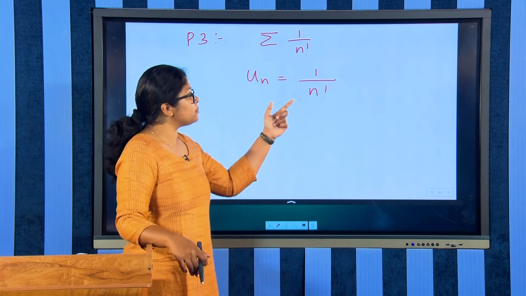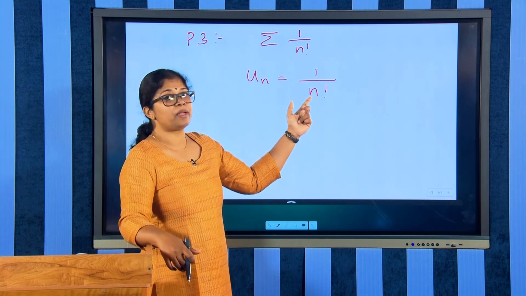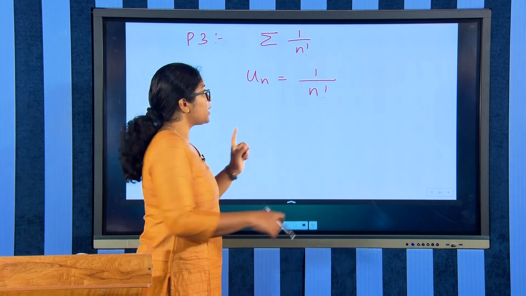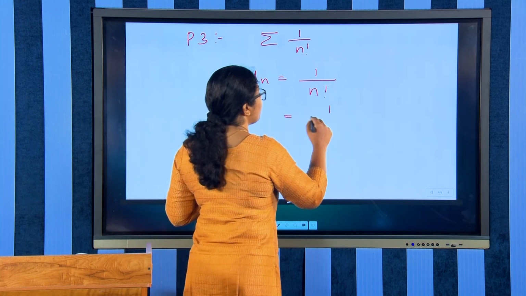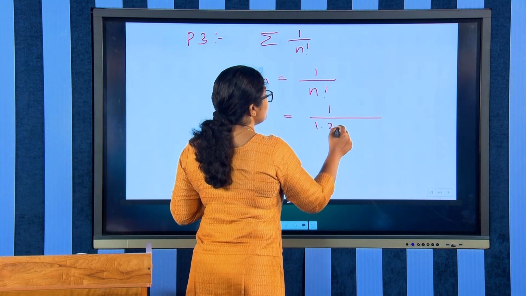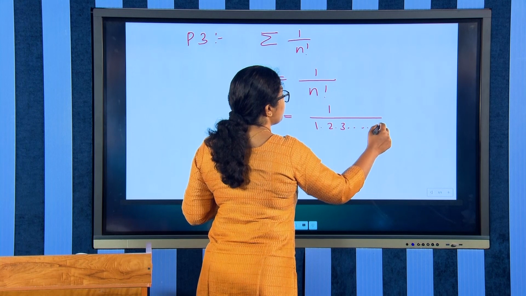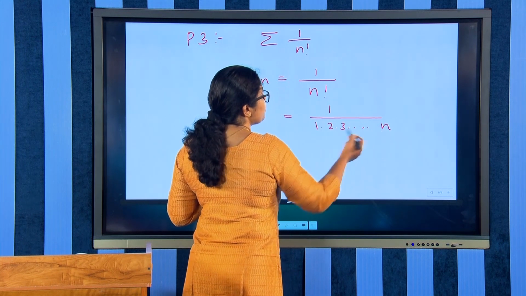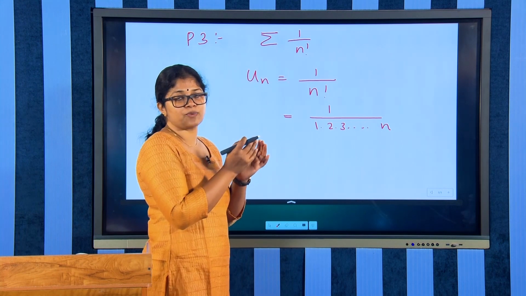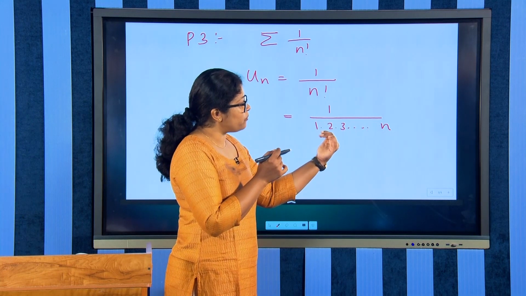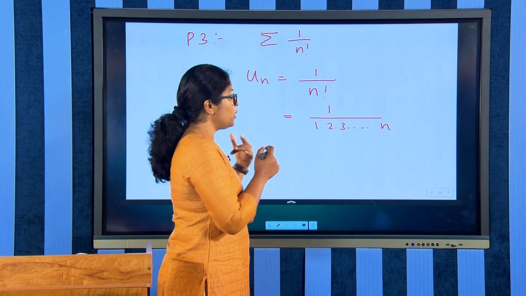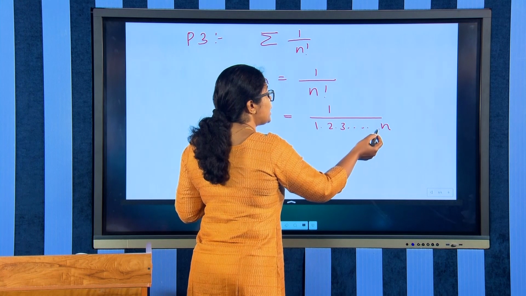So, is that possible in this case, because how many n's will be there? This is something like we are having 1 upon 1 into 2 into 3 into etc. up to n. So, just previous term to n will be n minus 1, the next previous term will be n minus 2 and so on. So, there are many terms containing n.